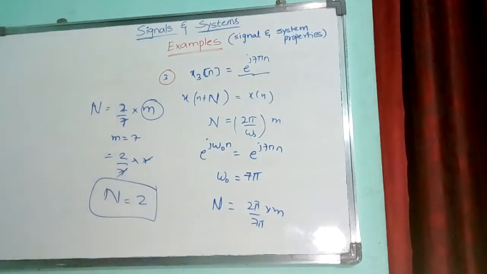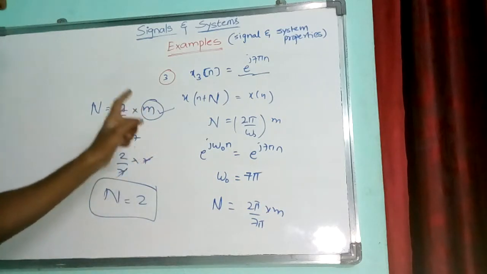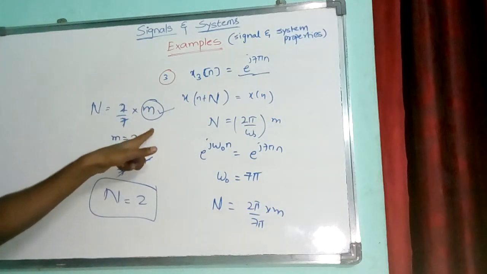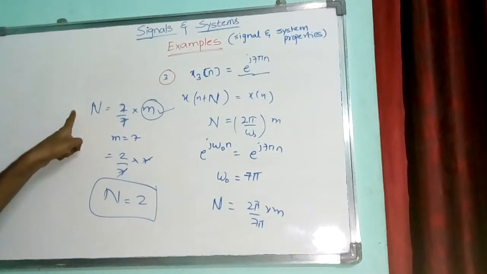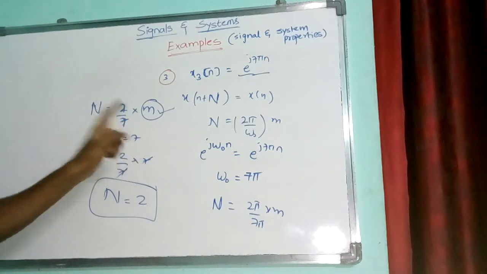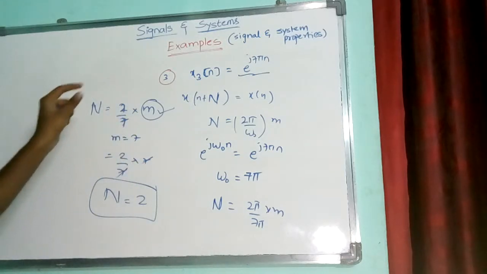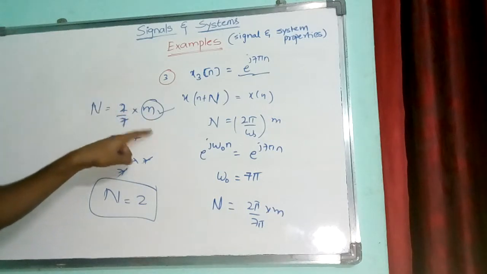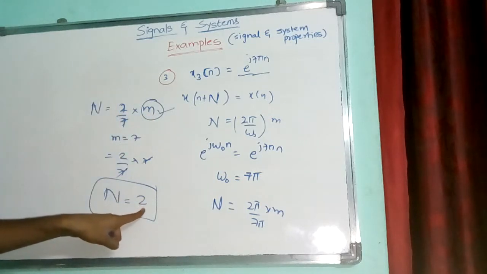This is my fundamental time period of e power j 7 pi n. You multiply with the least positive integer m that makes N an integer. Then only do we get the fundamental time period.